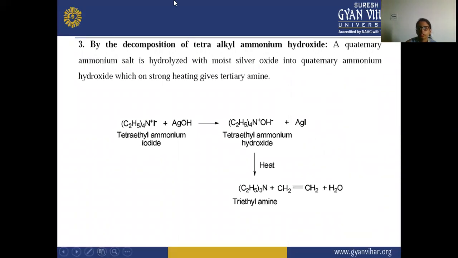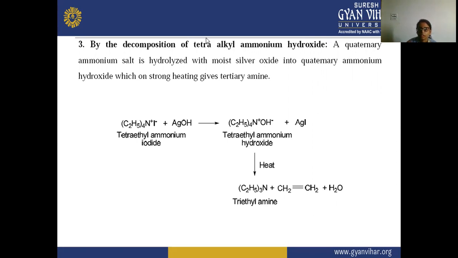Here the quaternary ammonium salt is hydrolyzed with moist silver oxide to give quaternary ammonium hydroxide, which on strong heating gives tertiary amine. So in this reaction, you can see the decomposition of tetra-alkyl ammonium hydroxide, which gives a tertiary amine.